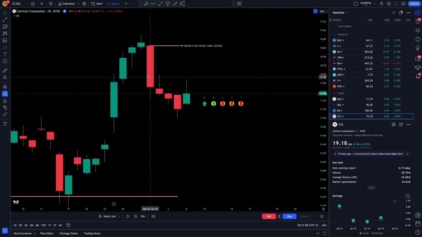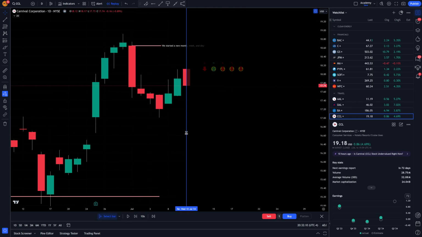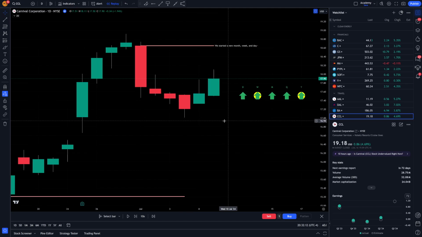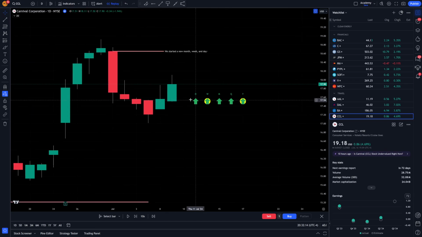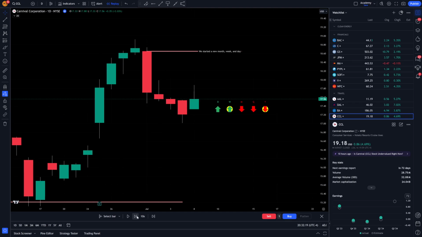Because you see on these candles, not only are we red, we're also pushing down further, breaking a previous low, pushing down further, breaking a previous low, right? But when we have some inconsistency, in this case, this is showing incorrectly, so don't mind that too much, just because we're in replay mode.